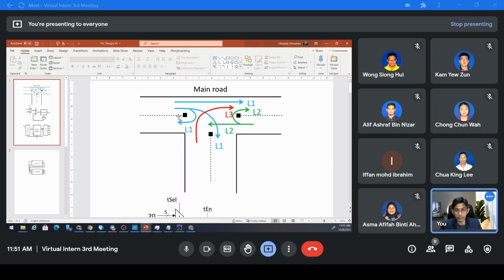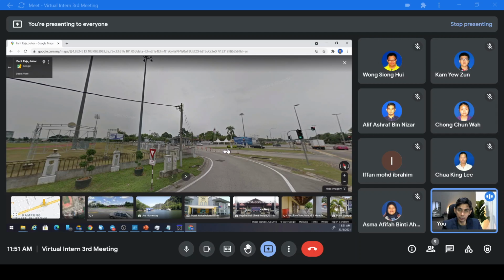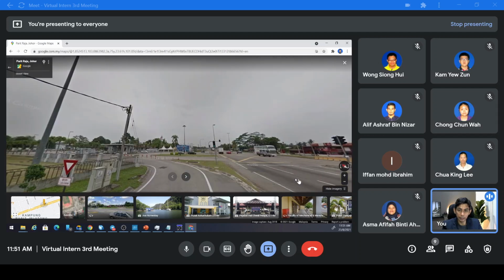So let's take a look at the example. All right, the T junction like this, just like the UTHM main junction, where we have a T junction. This is the main road, and this is the junction to UTHM.